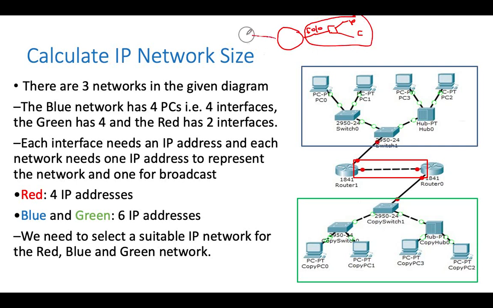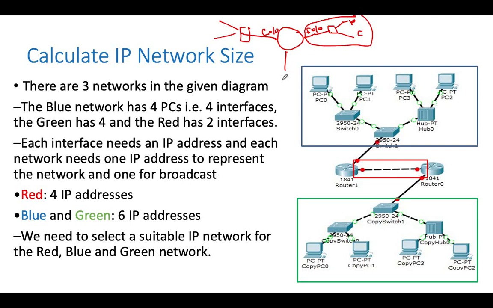If we have another interface, Gig 0/0, for example, this is a totally different network, and it has another gateway, other devices and other switches. Remember that any router interface represents a different network. One more time: the link between routers represents another network.